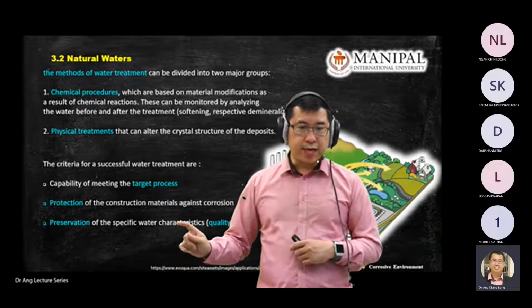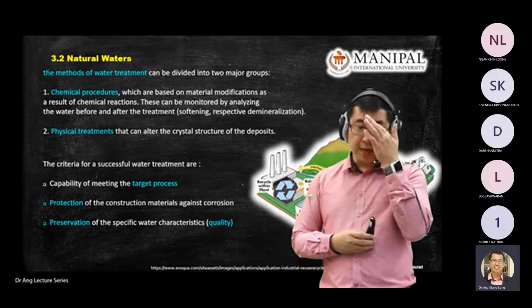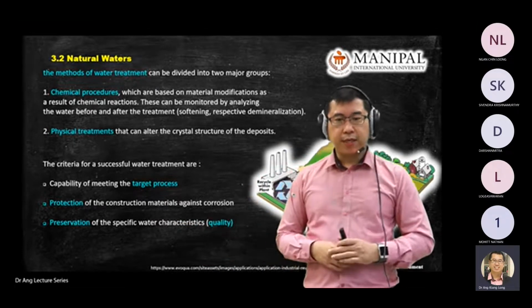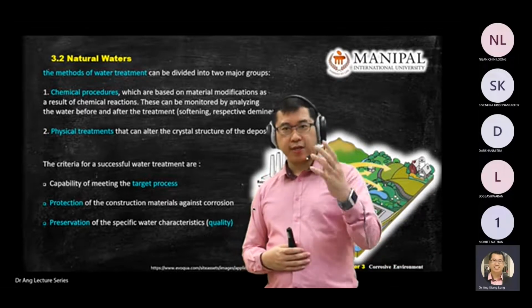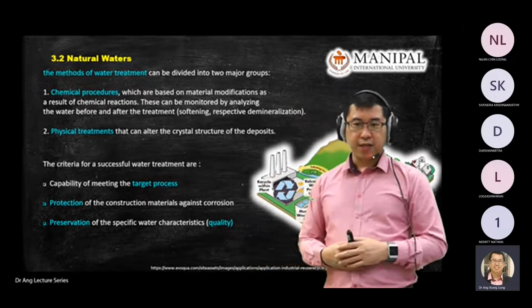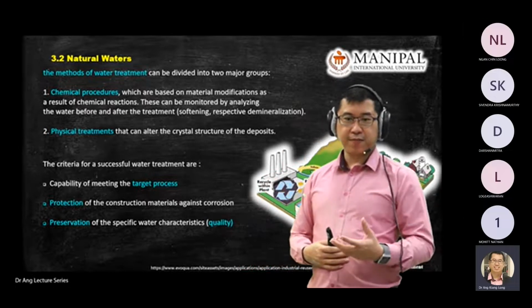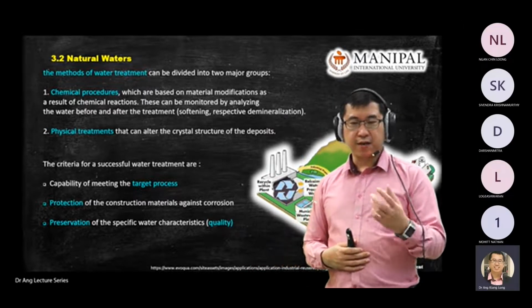The next one is, are you able to preserve or maintain the water quality? The water quality, meaning after treatment, for example, the water that you pump into your factory is a neutral pH, right? pH 7, or maybe a little bit alkaline or a little bit acidic, right?